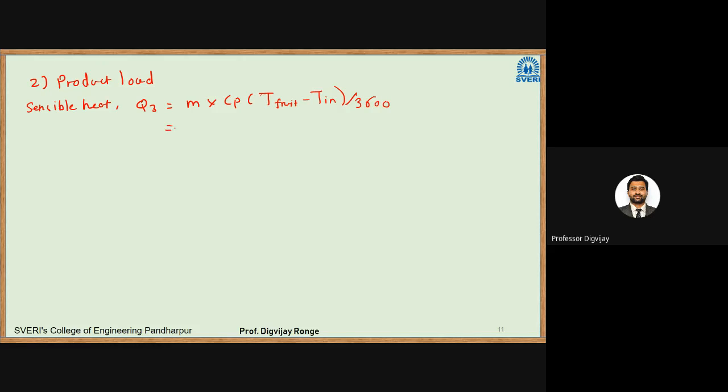In this case, we are putting 4000 kg of apples per day into 3.65, into T of fruit, which is 5 degrees Celsius, minus inside temperature, which is 1 degree Celsius, divided by 3600. So calculate this. This will give the value in kilowatt hour per day.